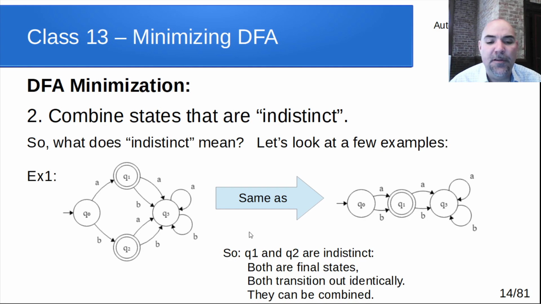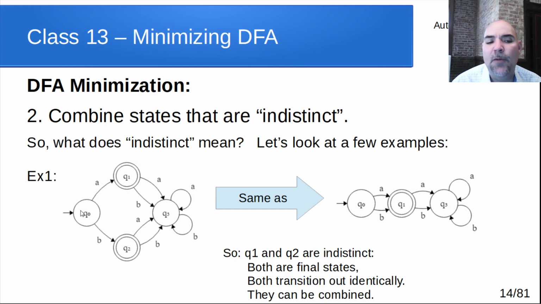Well, the way we know they're indistinct is that both of them are final states and both transition out of that identically. So Q1 on A went to 3, Q2 on A went to 3. Q1 on B went to 3, Q2 on B went to 3. So on the same symbols, leaving that, the same edges went to the same place in each of those examples. So they both did the same thing from that state.